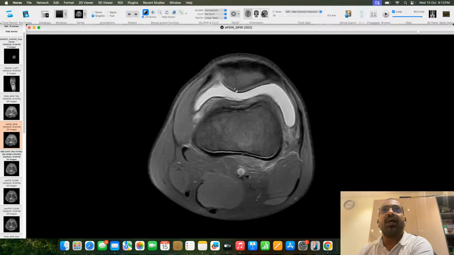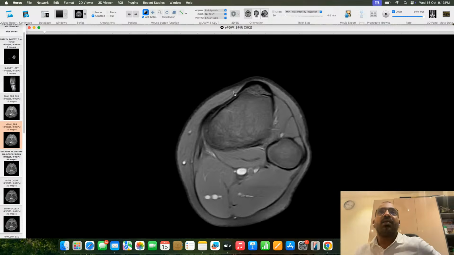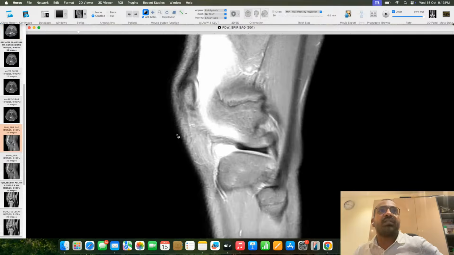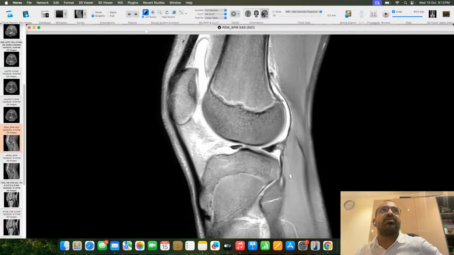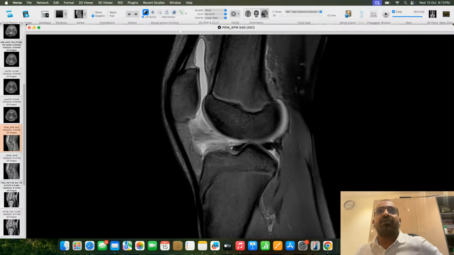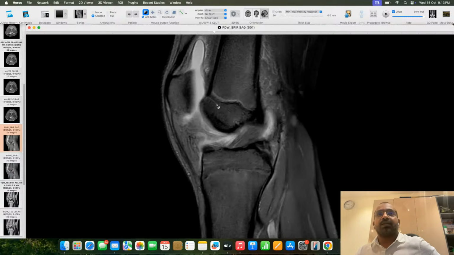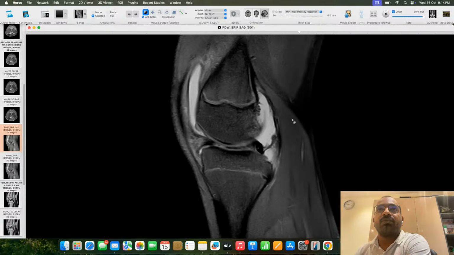What I'm showing, I see moderate knee joint effusion. So usually the knee joint communicates with the bursa. So what is this bursa? This is a suprapatellar bursa. So knee joint effusion with the fluid extending into suprapatellar bursa. So this is a moderate knee joint effusion with the fluid extending into suprapatellar bursa.